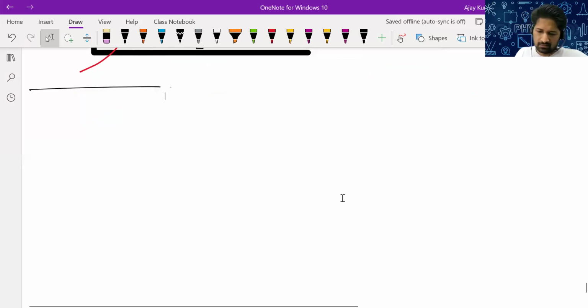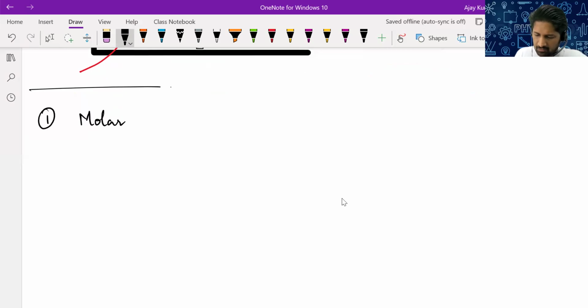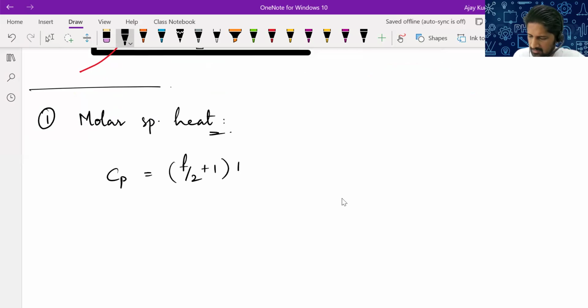Fine. Let's solve some basic problems based on this. First, we derived molar specific heat in an isobaric process. We got it as Cp is equal to (F by 2 plus 1) multiplied with R. Generally, molar specific heat is given by the formula delta Q divided by N delta T. For the heat that you are supplying, how much temperature change is the system undergoing?